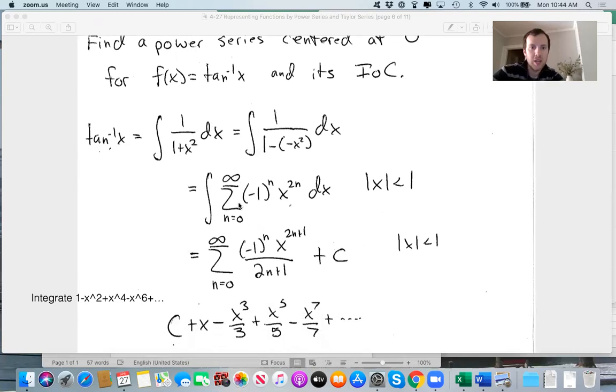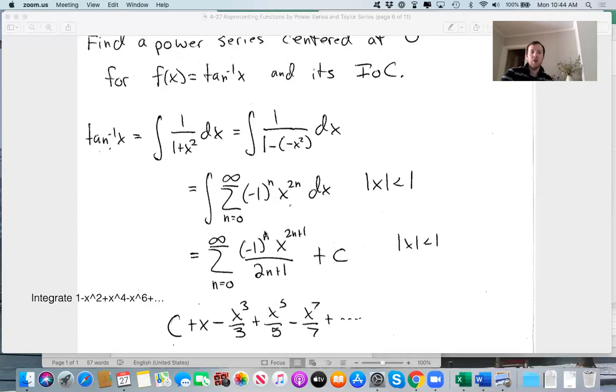Right, so if we integrate this formula, this is the expression we get. There's a plus c because integrating, there's always a plus c. So what we know is the integral of this series, if we actually write out all of the terms, n equals 0, that's 1, so we get just x.